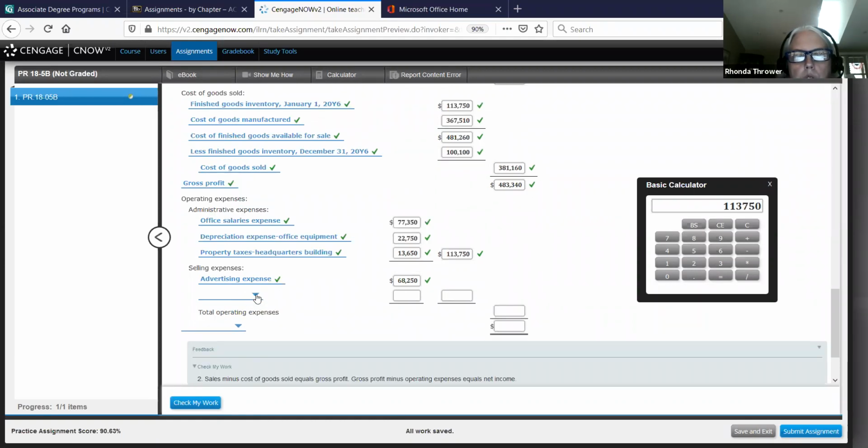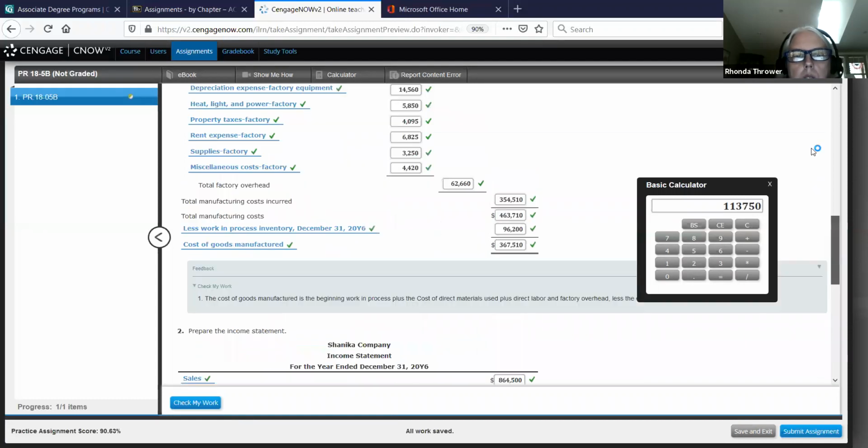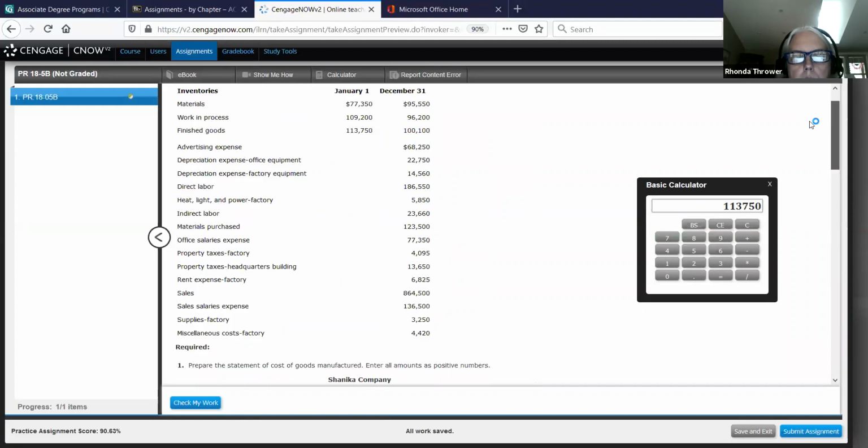And then we're going to look for our next selling expense, which would be your sales salaries expense. And that amount is $136,500.